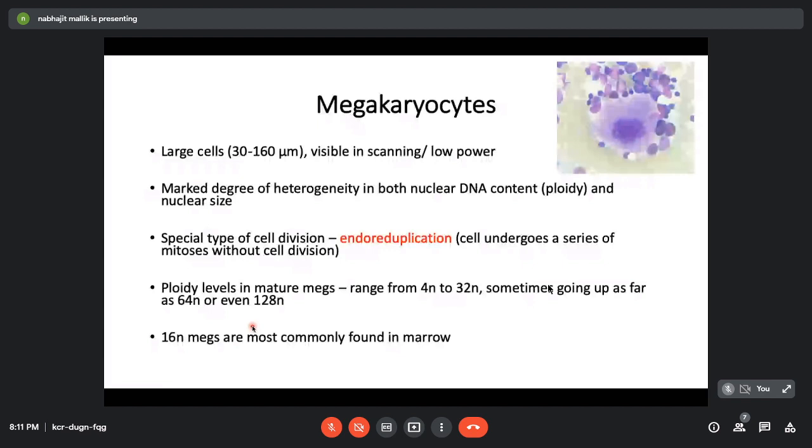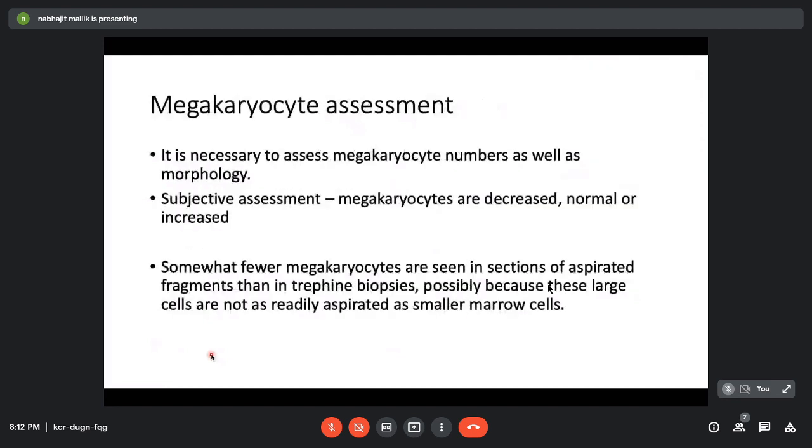Now, for bone marrow megakaryocyte assessment, it is necessary to assess megakaryocyte numbers as well as morphology, and a subjective assessment is usually done, and we say that megakaryocytes are either decreased or increased or normal for the age. What is important to know is that somewhat fewer megakaryocytes are seen in sections of aspirated fragments than in the trephine biopsies, possibly because these large cells are not as readily aspirated as the smaller marrow cells.